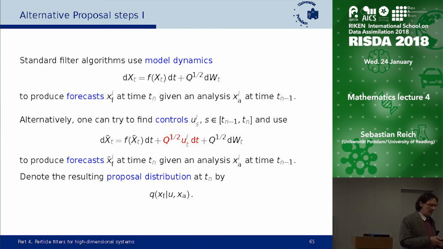And of course, with nudging, you then have to compensate by saying, okay, I changed the dynamics, so I have to compute the associated Radon-Nikodym derivative, but I can't do this. I gave you the formula this morning.